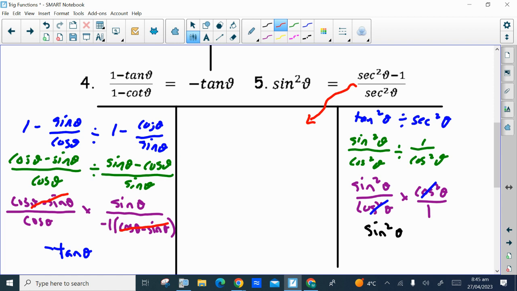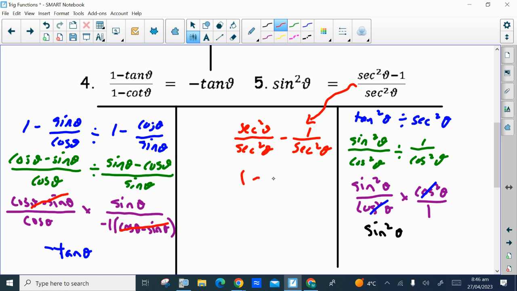Again, working down the right side. You've got a binomial on top divided by a single term on the bottom. What you can do is take both terms on top and divide by the denominator. And so sec squared theta divided by sec squared theta is 1 minus 1 over sec squared theta.